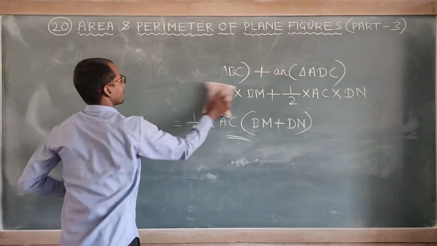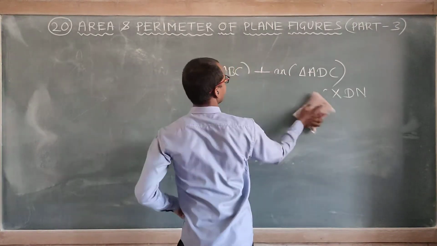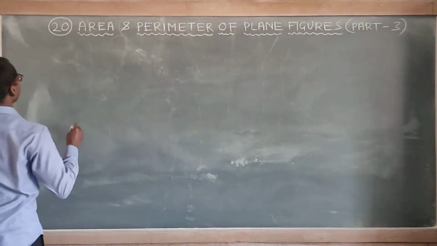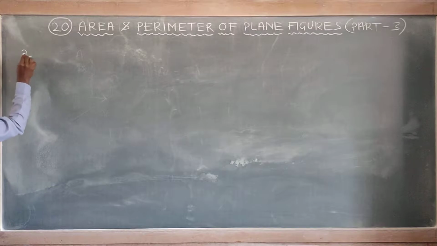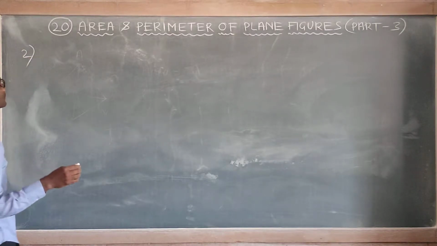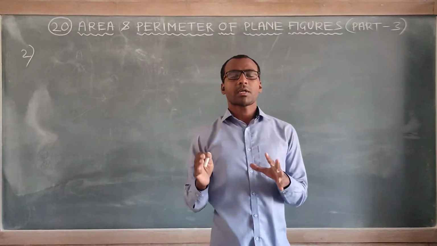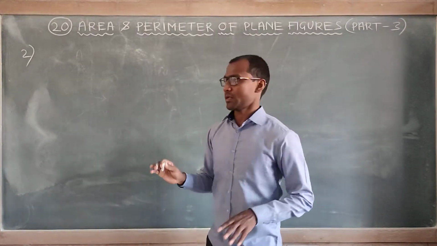Now, second type. Suppose in a quadrilateral, diagonals are perpendicular to each other.